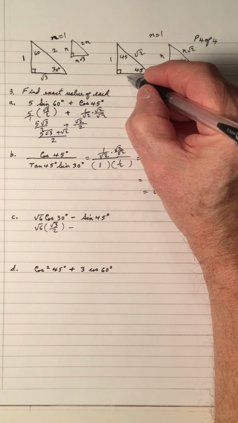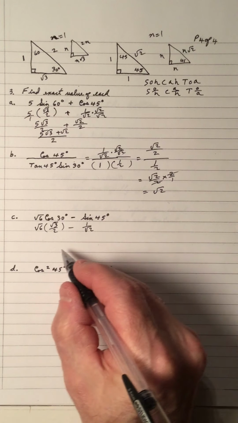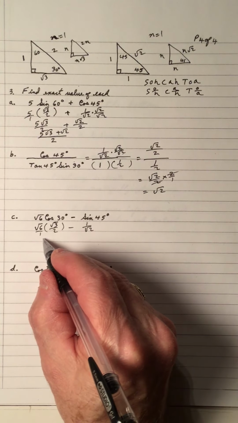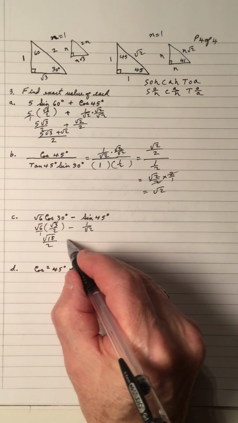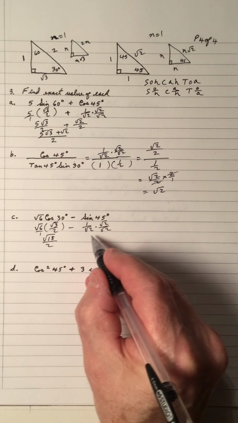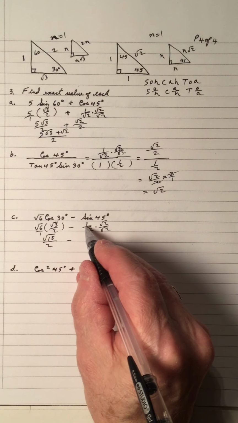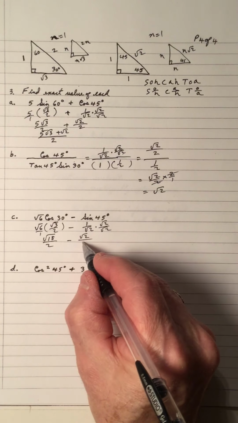So sine is opposite over hypotenuse, which is 1 over root 2. So I multiply this one, and I get root 18 over 2. And I multiply this one by root 2 over root 2, the rationalized denominator. I'm not allowed to have a radical in the denominator. So 1 times root 2 is root 2, and root 2 times root 2 is 2.